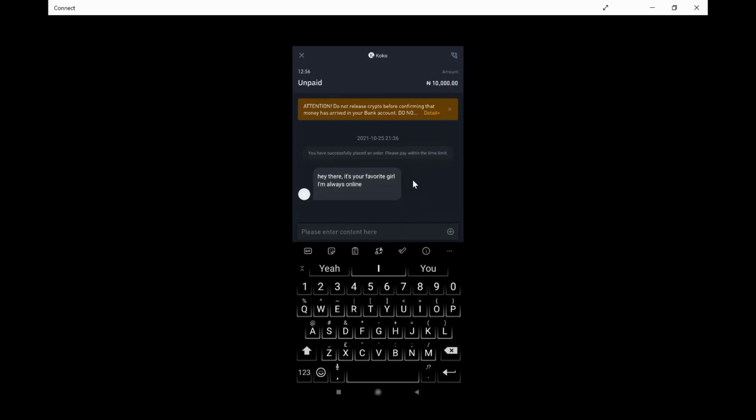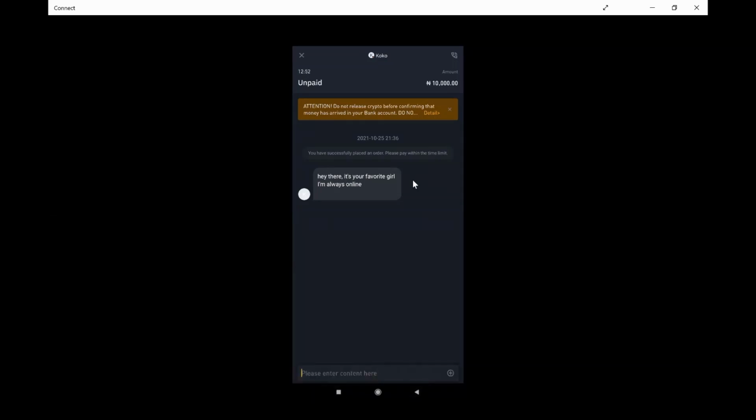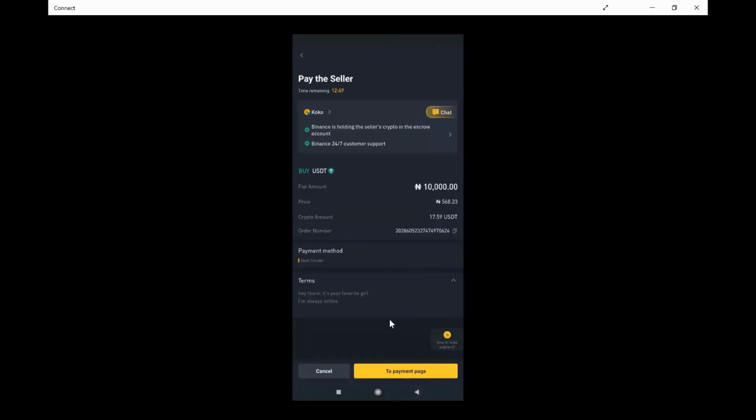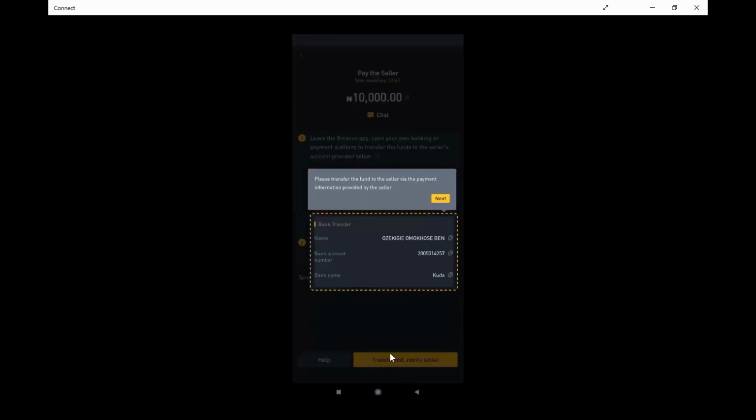Okay, so let's go back to that page to see the account details. We'll hit the payment page in order to see the account details of the person. Now it's giving you another message: please transfer the funds to the seller via the payment information provided by the seller, and please only use the information you see here.